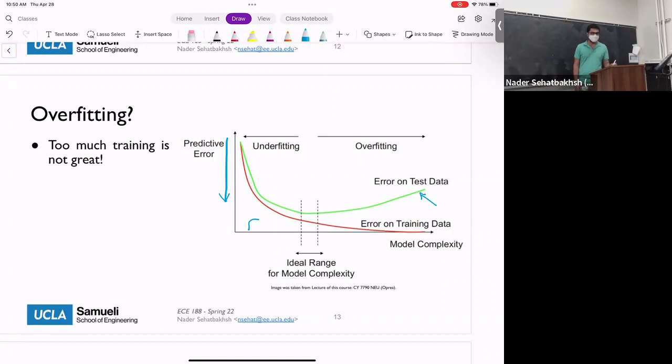And of course, when you start training your system, your error or your loss is really high because you start from some random point. And you go down and down and down using gradient descent or stochastic gradient descent. You can reach the point that your error is almost zero, right?